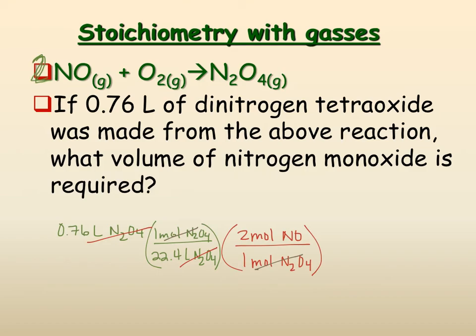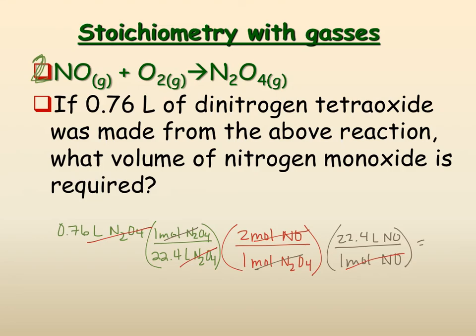Alright, so now I'm at the chemical the question's asking me about. So the last step, I need to convert it to the unit that the question is asking for. And I want to know volume. So I know 1 mole NO is equal to 22.4 liters NO. So that gets me from moles of NO to liters of NO. So if I do my math, I multiply everything on the top and divide by everything on the bottom.